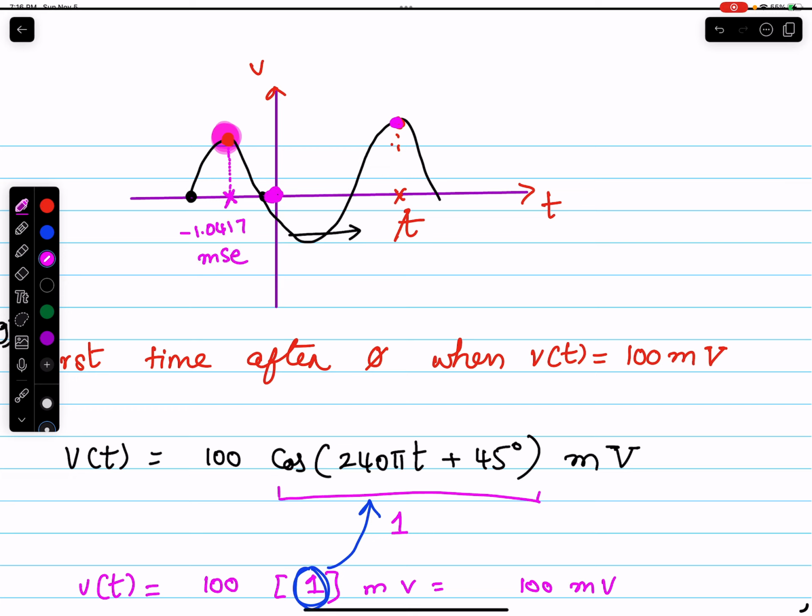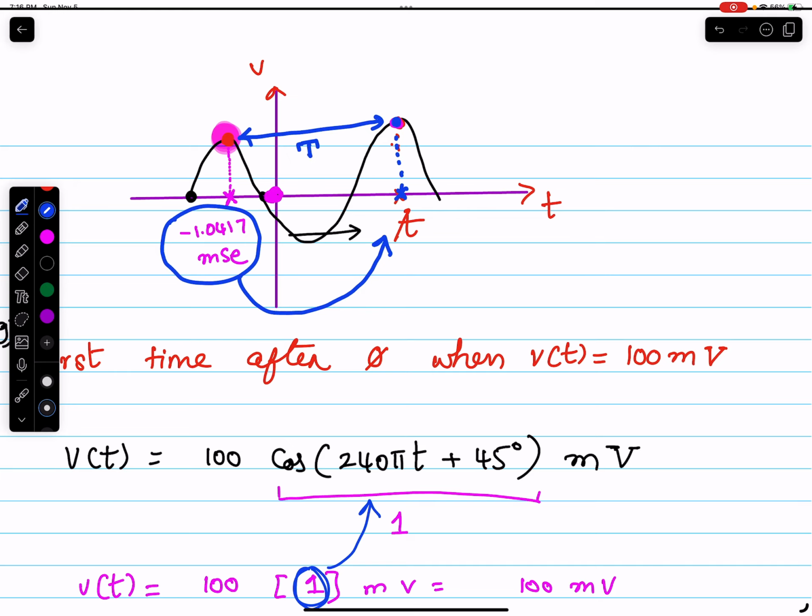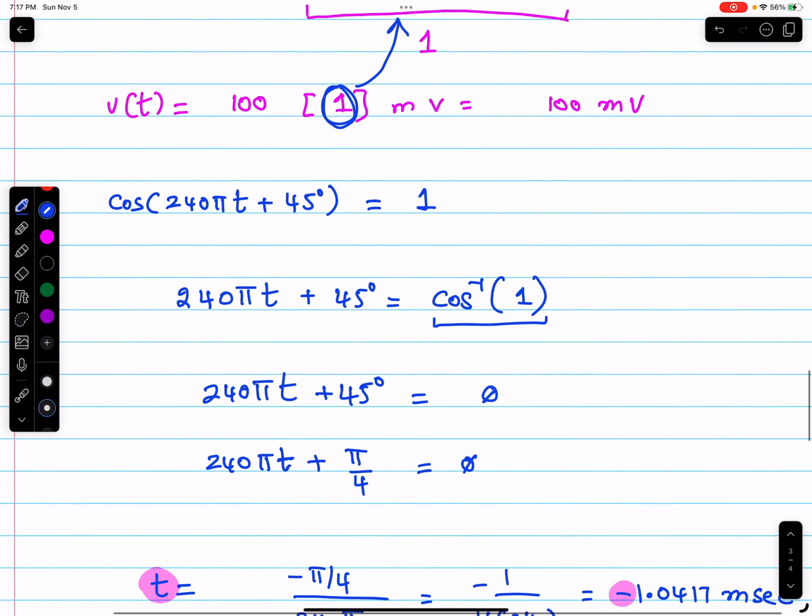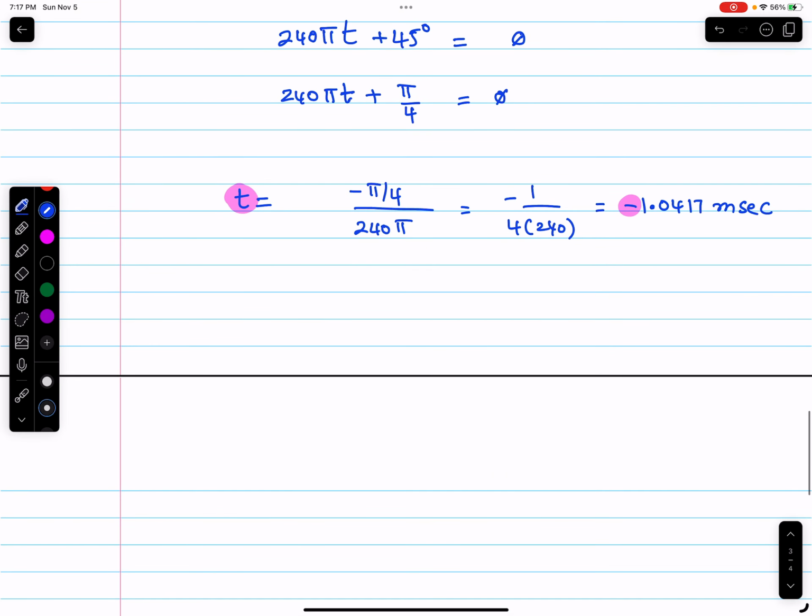I know for a fact that the next peak happens after one time period. So if I add a time period to this negative 1.0417, that will take me to the next peak in the cosine wave. I keep saying sine wave, cosine wave is what I really mean. So let's do that.